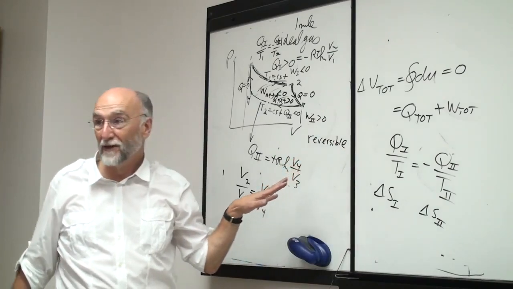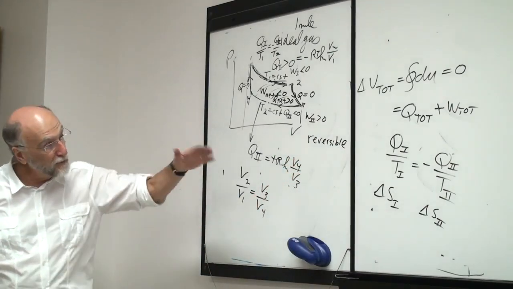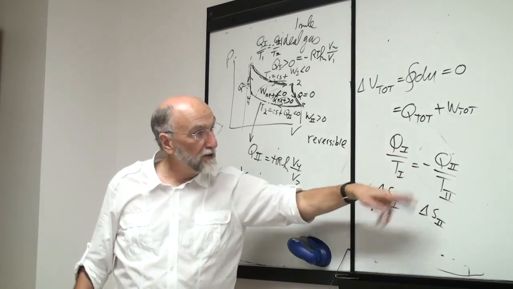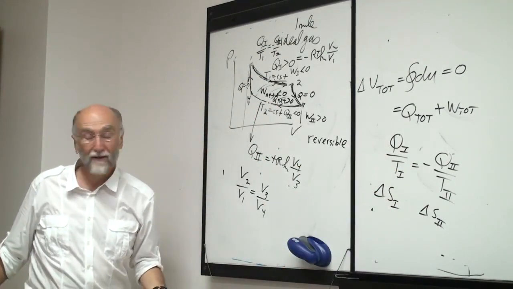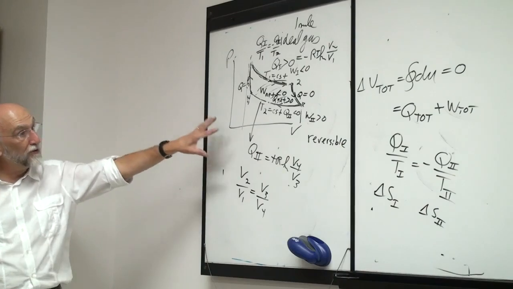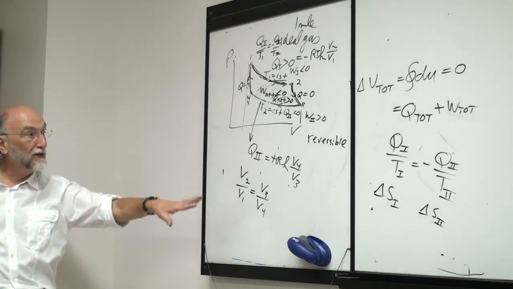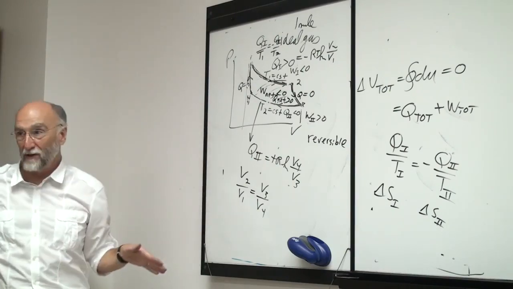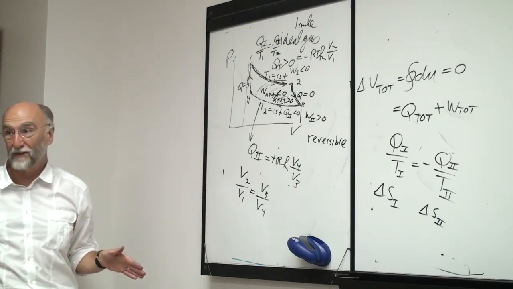So this is a Carnot thermometer, and it's possible to define a temperature scale in such a way that the total entropy change will be 0. That is in fact called the thermodynamic temperature scale based upon the Carnot cycle. Clearly this is not the easiest way, practically, to measure temperature.